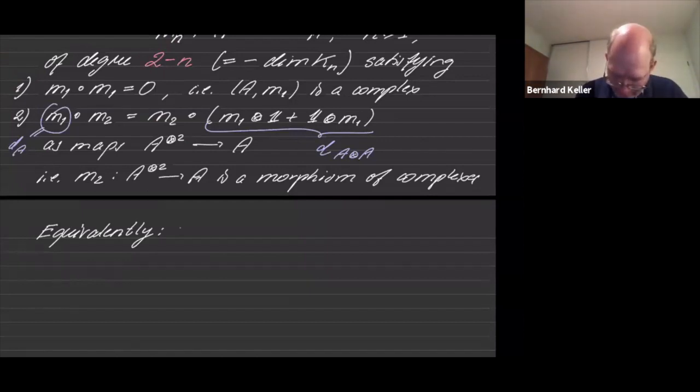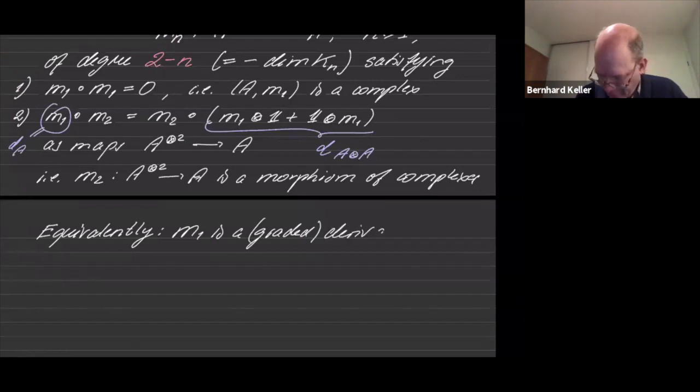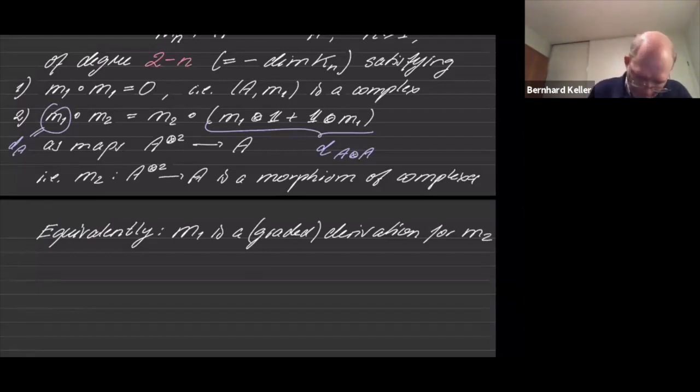M1 is a graded derivation for the multiplication M2.